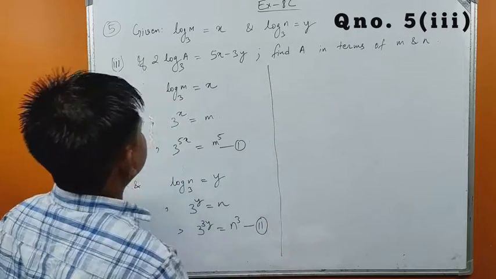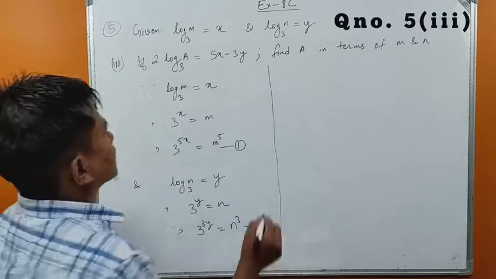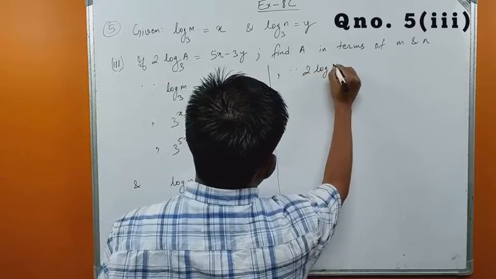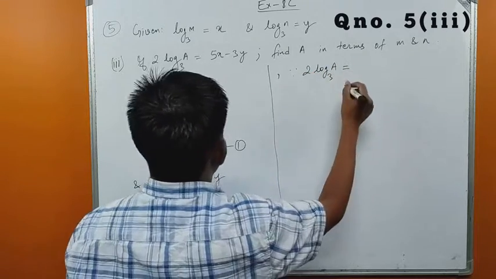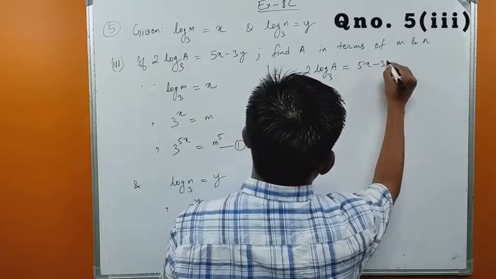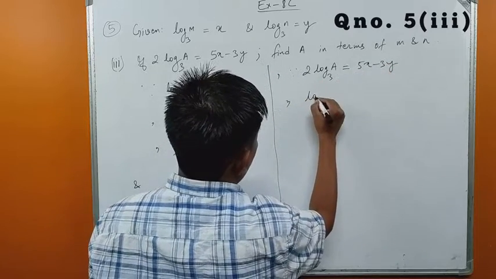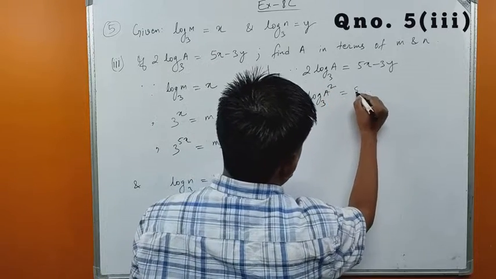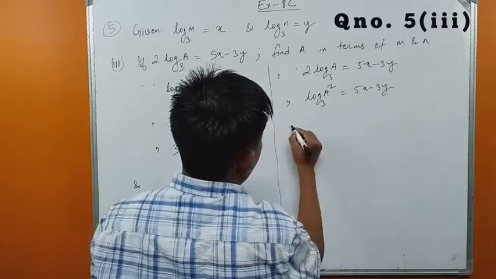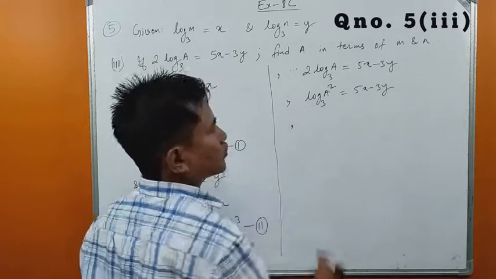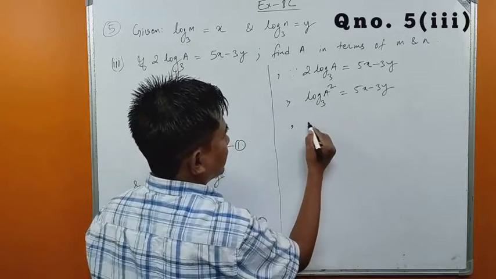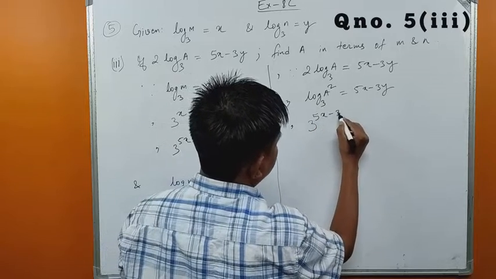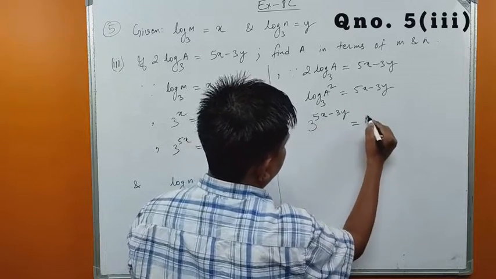Now we will use the third condition, 2 log a to the base 3 equals 5x minus 3y. What we do is, log a to the base 3, this 2 goes to the power, equals 5x minus 3y, or we change this logarithmic equation to exponential form, okay. 3 is the base, 5x minus 3y is the power, equals a square.